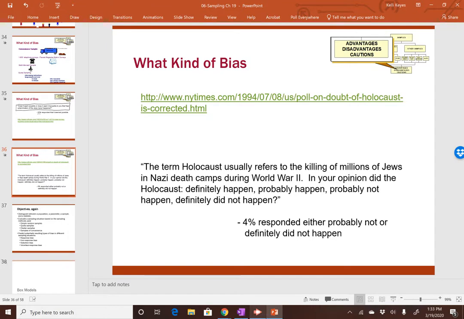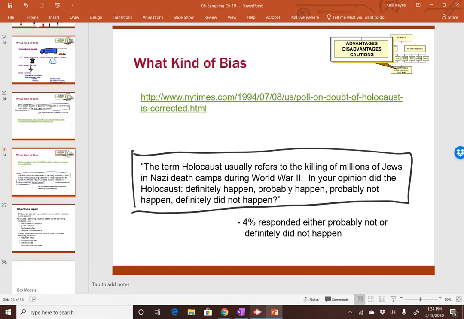And so then they looked at that poll and were like, okay, they did something wrong. Obviously this question is worded completely terribly. So let's phrase it in a different way and see if we get a different percentage of people that don't believe the Holocaust happened. Anyway, so they rephrased it to be this question.